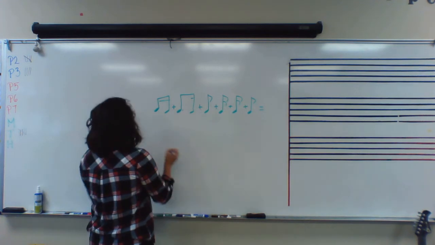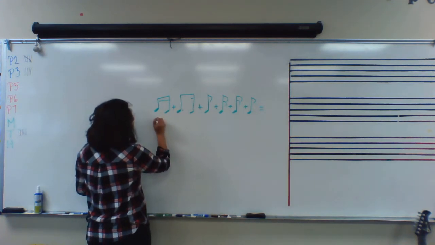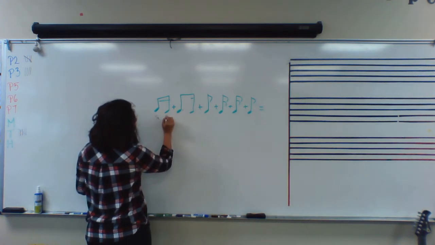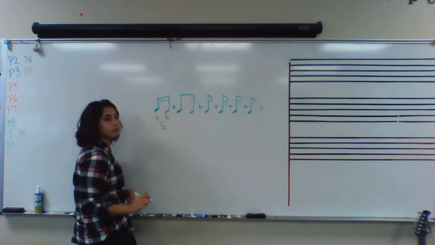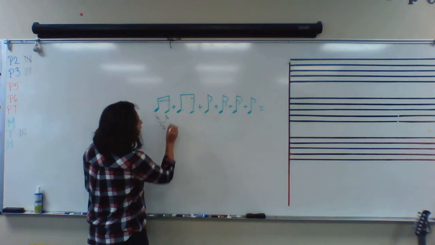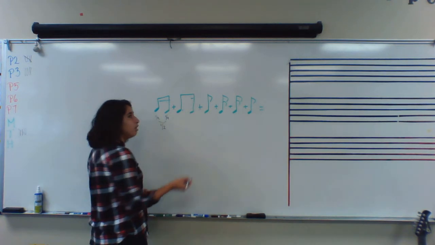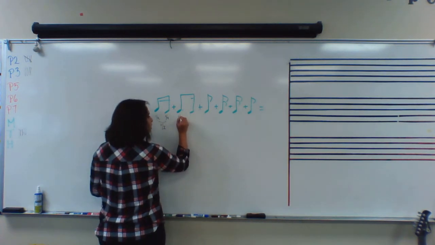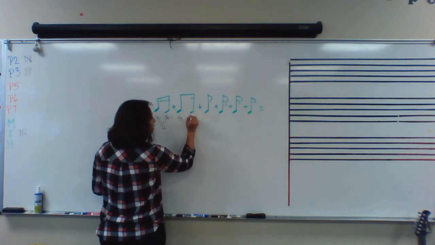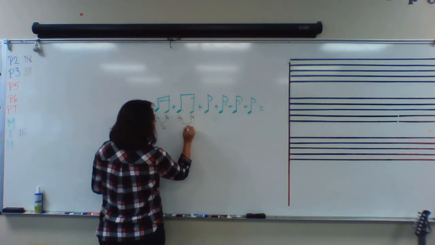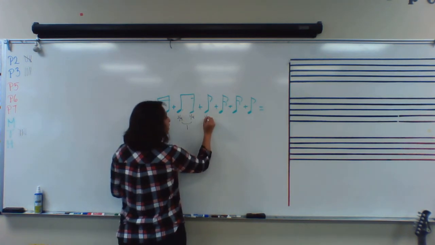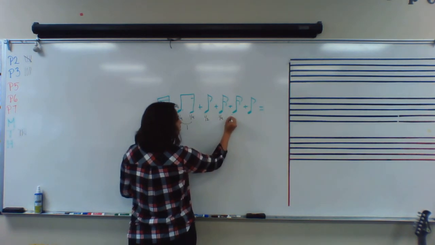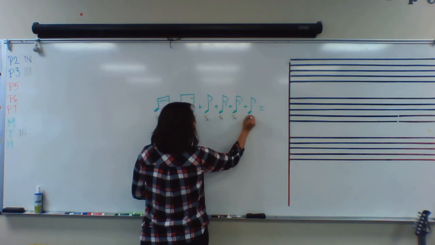Okay. All right, we've got here, that's a quarter, and that's a quarter. 2 quarters equal 1/2. All right, I know that. A dotted eighth, like we learned in the last one, is 3 quarters. And then another 16th is 1 quarter. That equals 1 already. Then we have half, quarter, quarter, half.